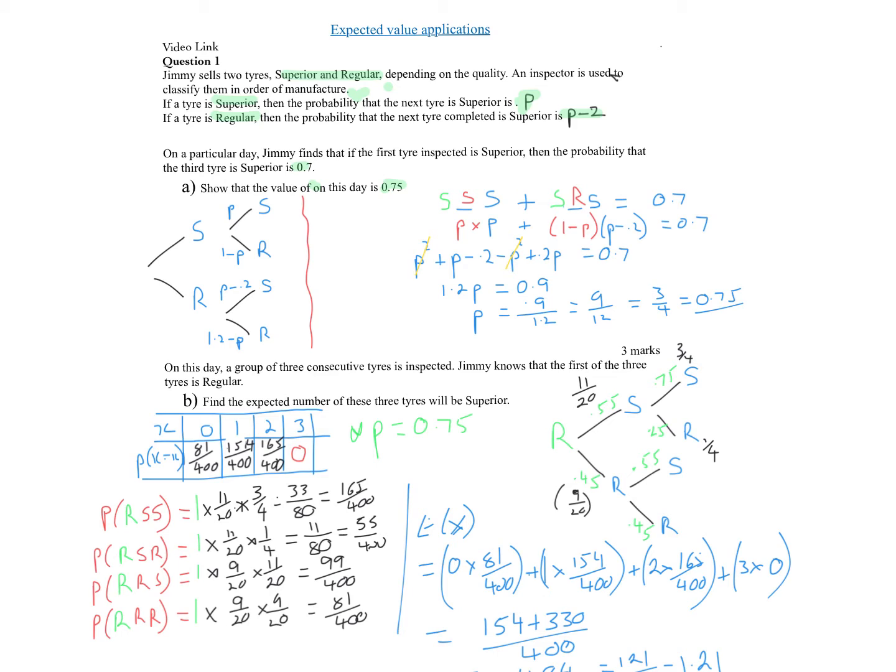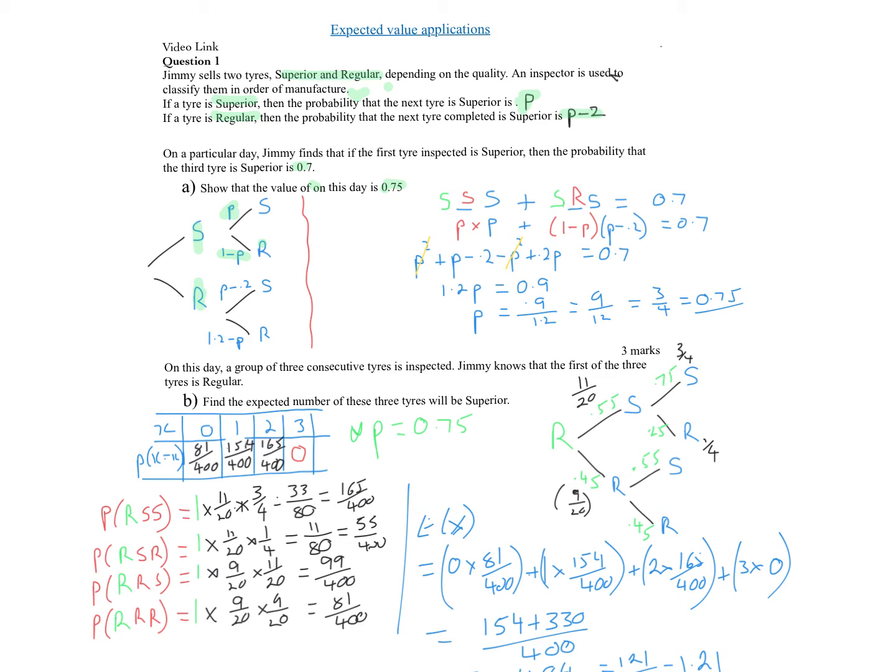So if we consider what a probability tree diagram would look like for this, we have superior and regular tyres. If we've got a superior, the probability of the next tyre being superior is P, which means the chance of the next tyre being regular is 1 minus P. I.e., if P was 0.3, it's 0.3 superior, 0.7 not superior.